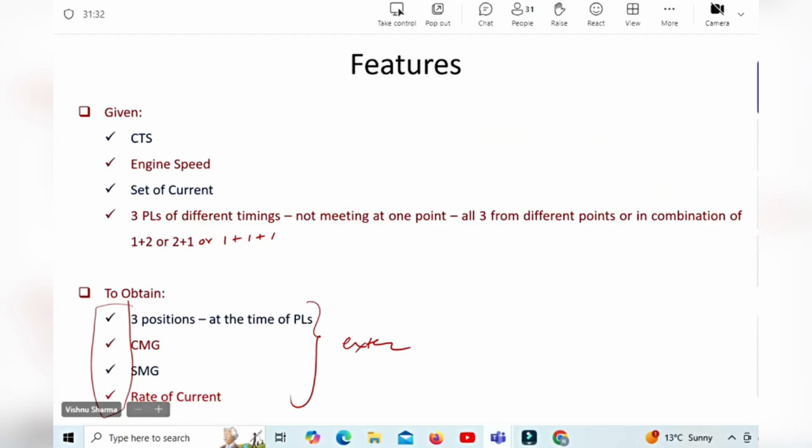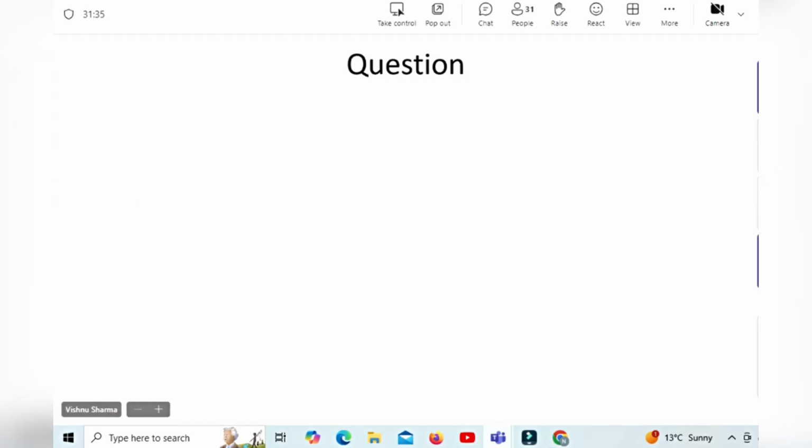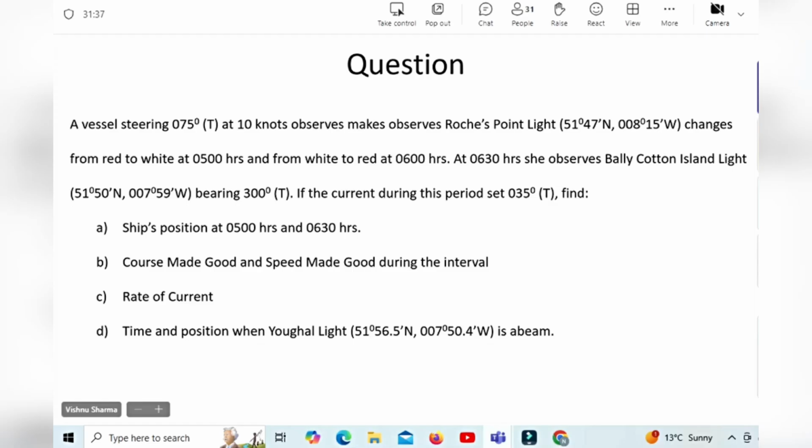Okay. Done. Now, guys, read this question and see, is running fix applicable? Yes or no? Is 3-point bearing applicable? Yes or no? And then tell me, can you conclude after reading this question that it belongs to fish triangle?